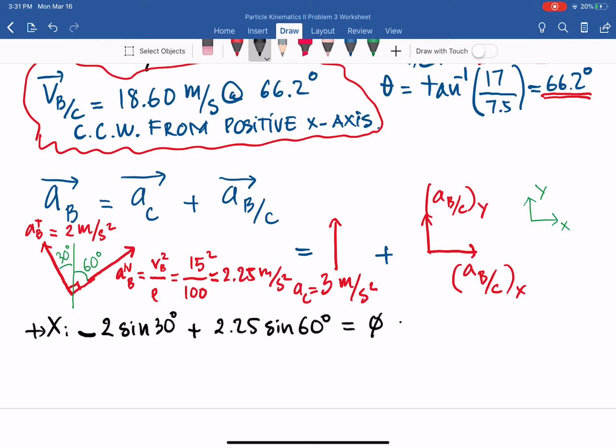And then we have AB relative to C in the x direction.